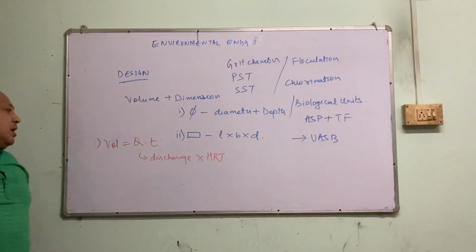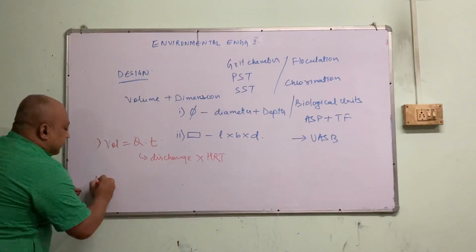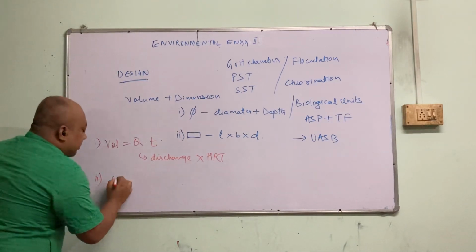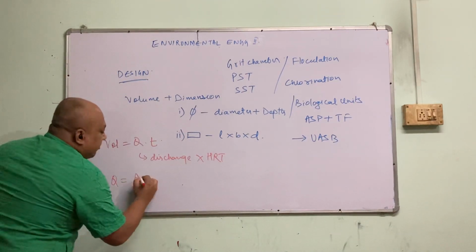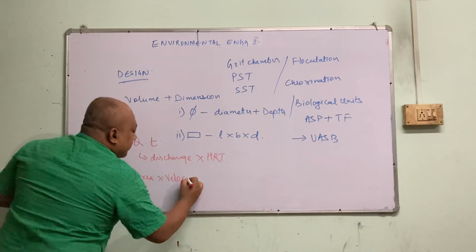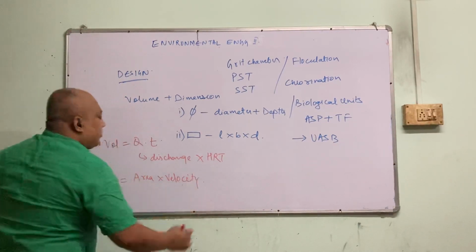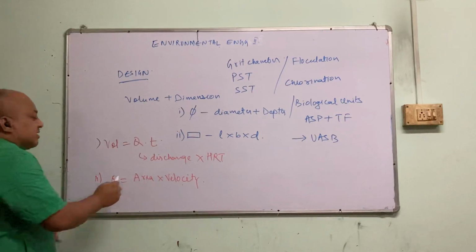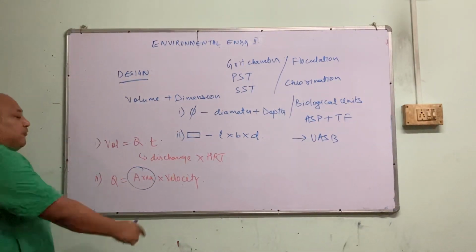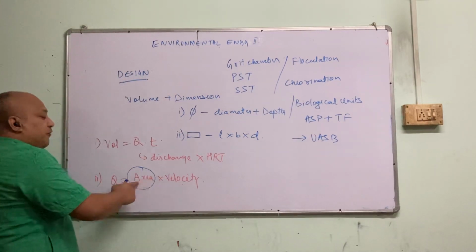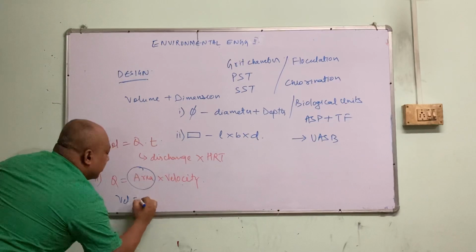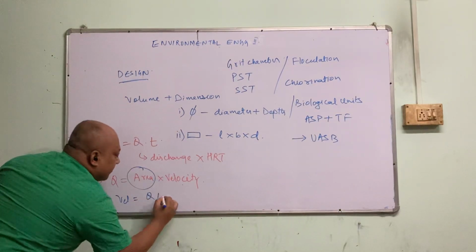Another aspect is the continuity equation: Q is equal to area into velocity. So area is the one we are going to design. If you know the velocity, then you can find the area, that is, velocity is equal to Q by A.